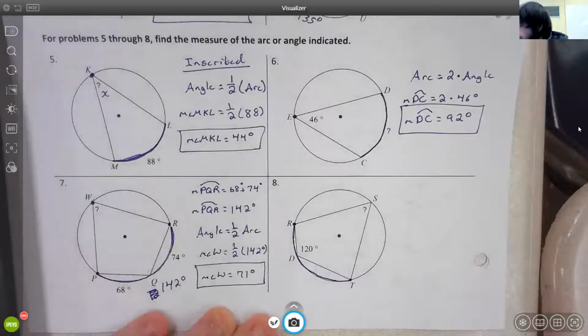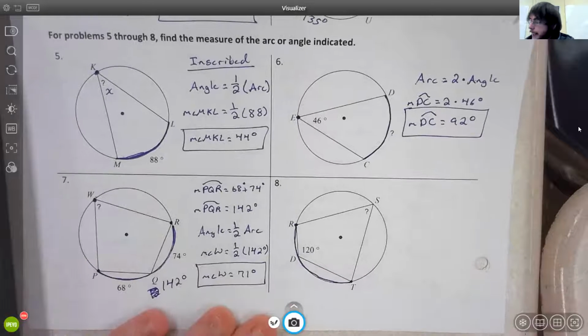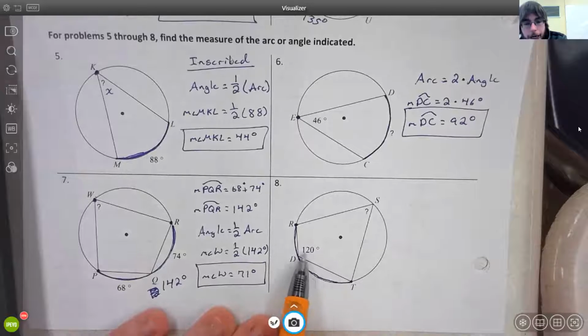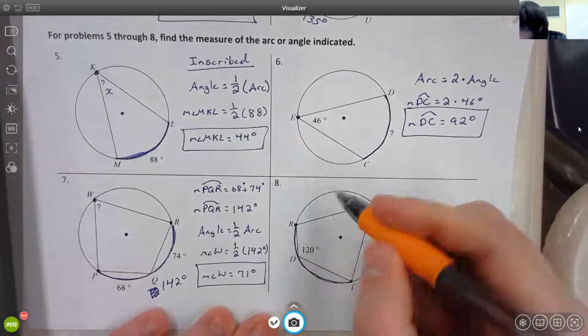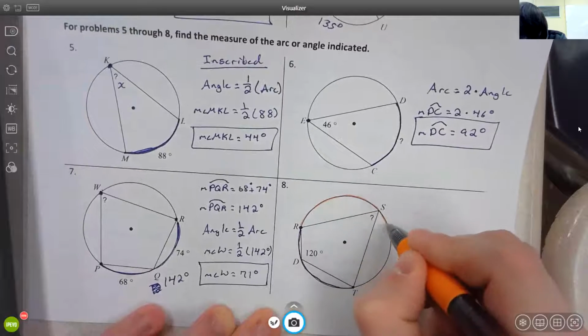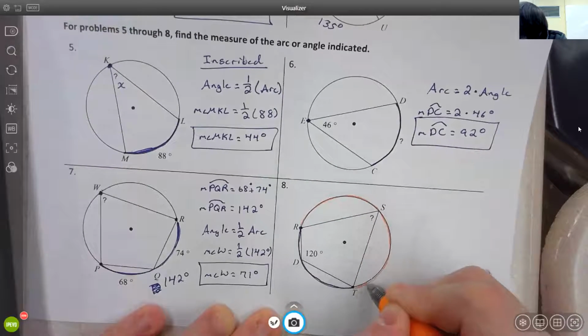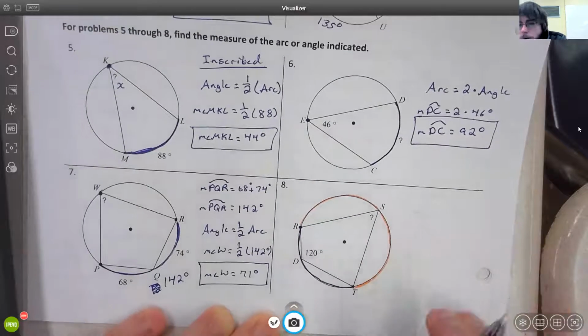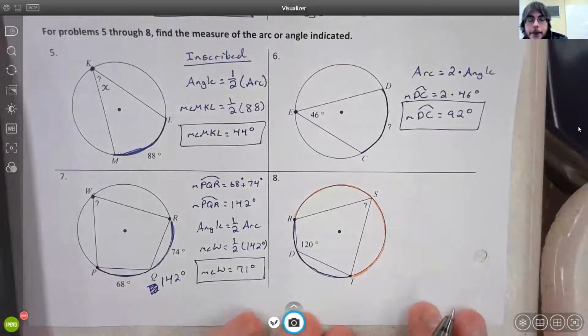But there's no way we can figure out what arc RDT is right now. However, we can do something to help us find it. We also have angle 120, which is associated with arc RST.